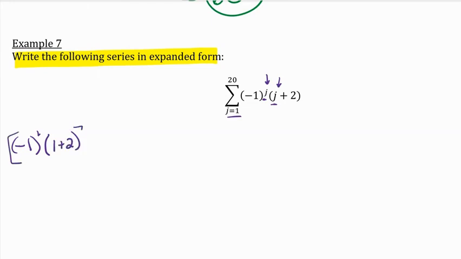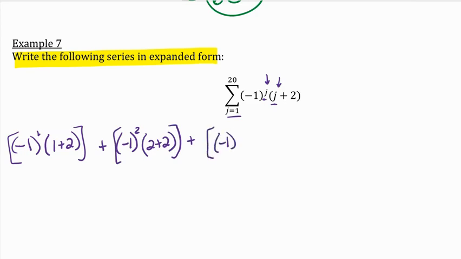And there's my first term, right? Okay, then my next term would be -1, so I'm going to increment up 1, to the second power, and then j plus 2, so 2 plus 2. Right, there's our second term. Okay, then comes my third term, negative 1 to the third power, and then this would be 3 plus 2.